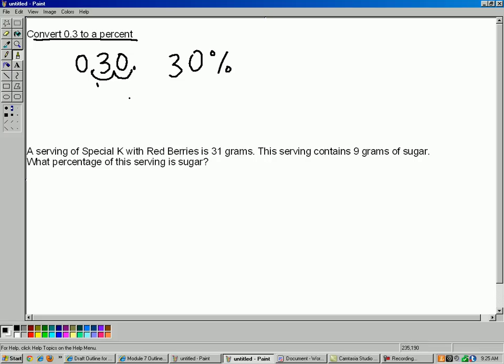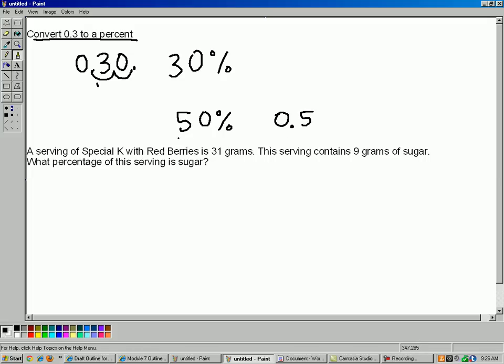Now, if you ever get confused about whether to go left or right with the decimal point, here's something that might help you to remember. 50% is exactly a half. 50% out of 100 is one half of the individuals. And as a decimal, 50% is 0.5.